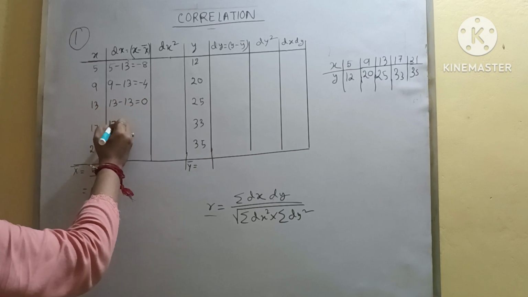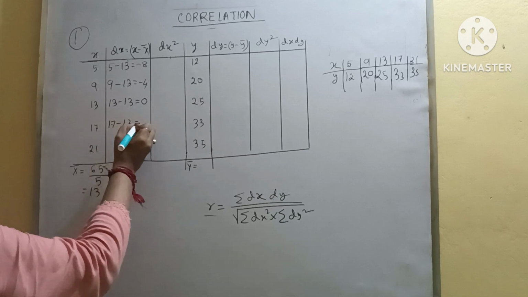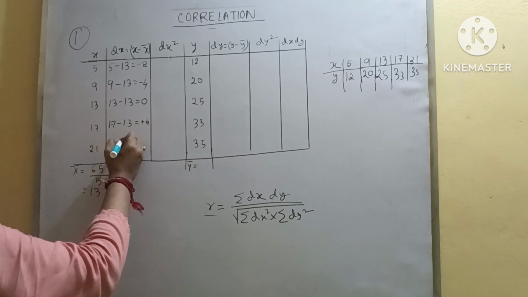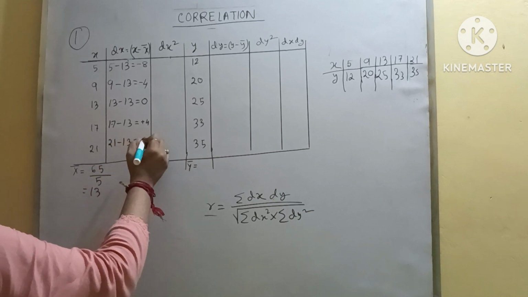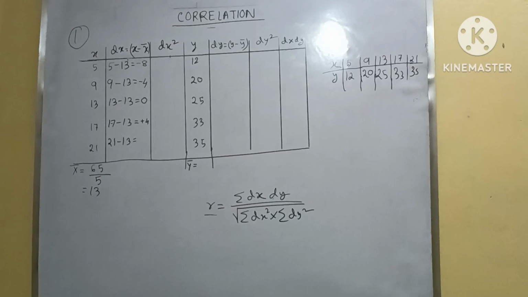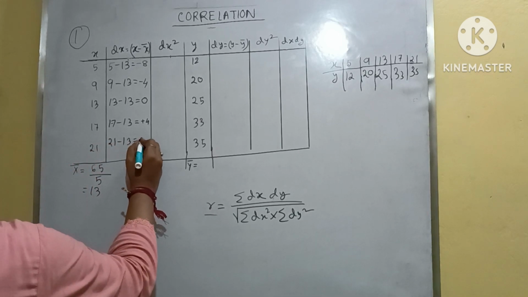Then 17 minus 13 equals plus 4. And 21 minus 13 equals plus 8.